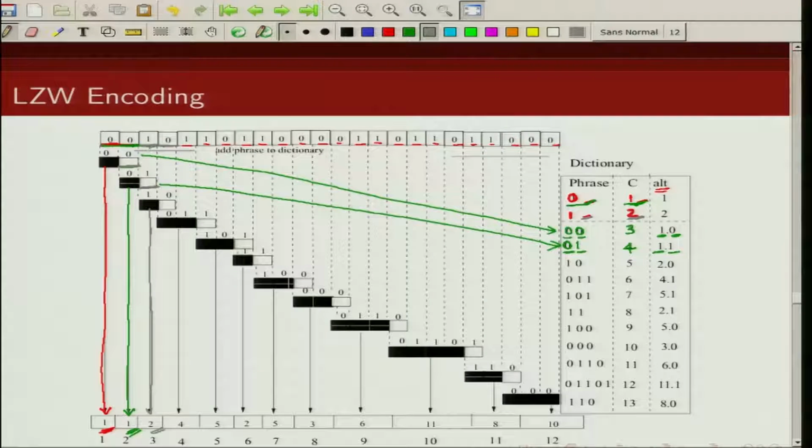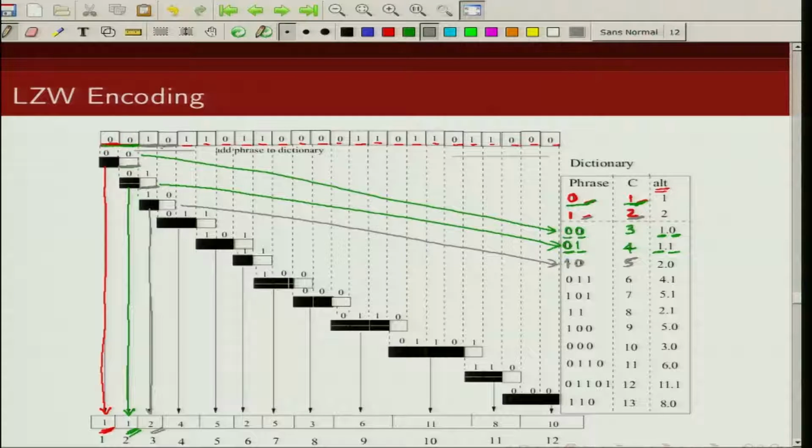Now, as we can see, 1 0 is not there in the dictionary, so we are going to put 1 0 in the dictionary, and that is my code word indexed by 5.